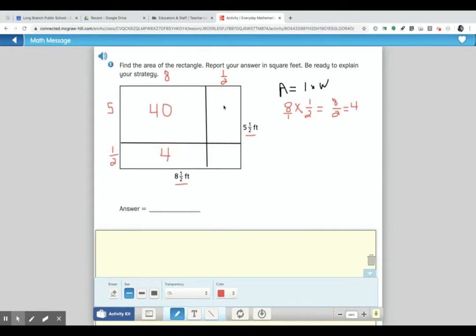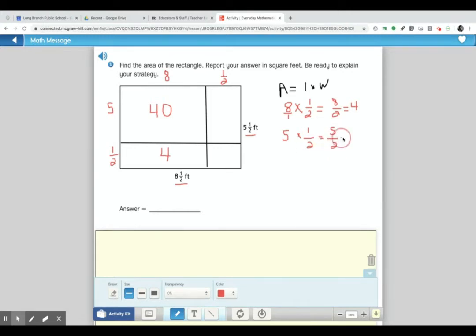Now let's take a look at the rectangle right here where we have 1/2 times 5. So I'm going to start off with my 5 times 1/2. So 5 times 1 is equal to 5, and 1 times 2 is 2.